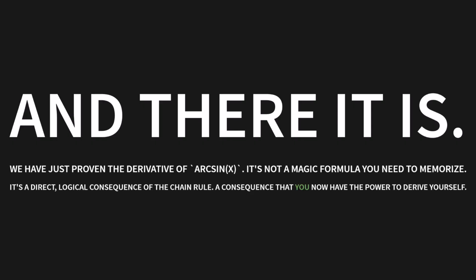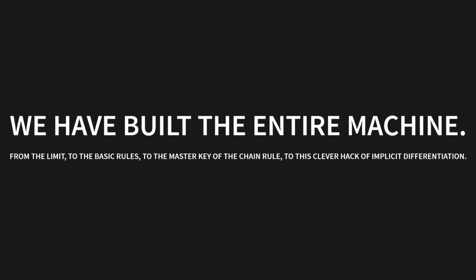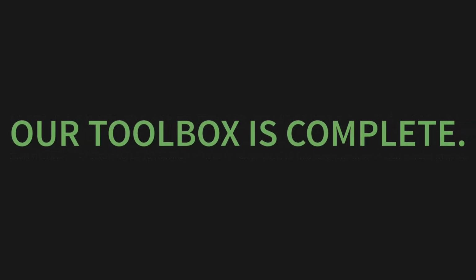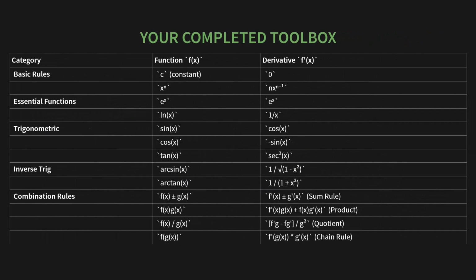We have built the entire machine, from the limit to the basic rules, to the master key of the chain rule, to this clever hack of implicit differentiation. Our toolbox is complete. Look at this, your completed toolbox. From one simple question about a car's speed, we built the entire machine of differential calculus.